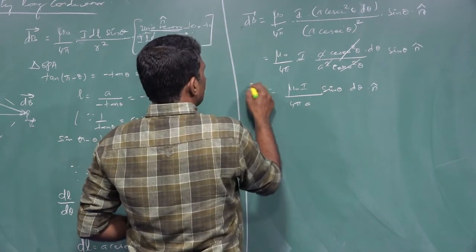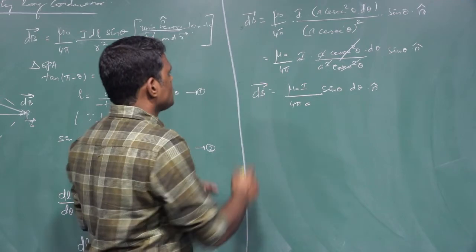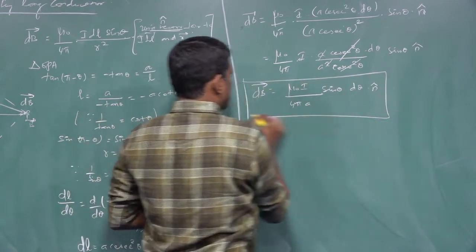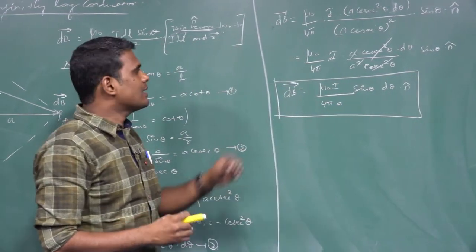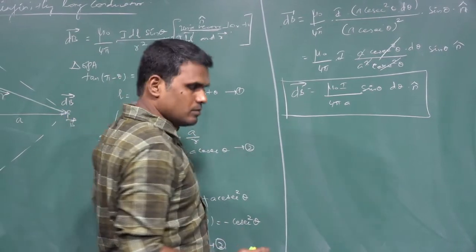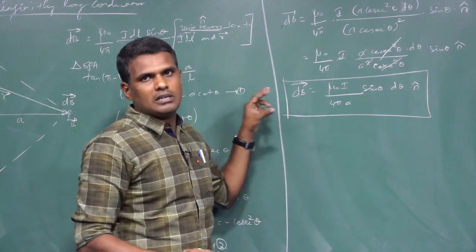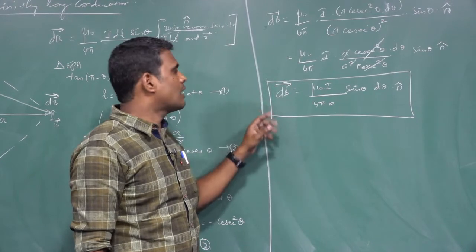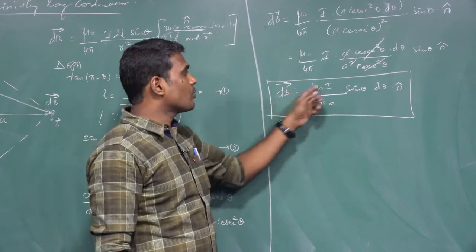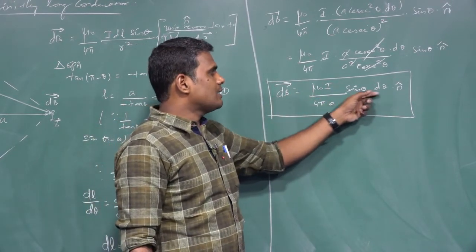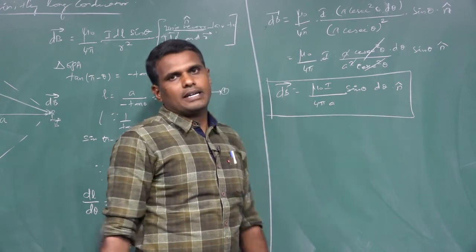This is the dB vector. So we got an expression for the magnetic induction at the point P due to a small element dl, which is dB vector equal to mu naught I by 4 pi A, sin theta into d theta into n cap.